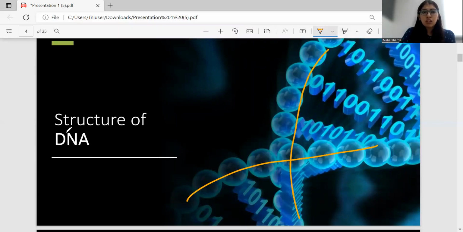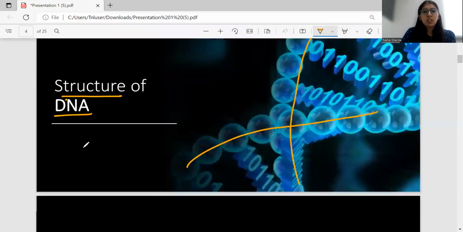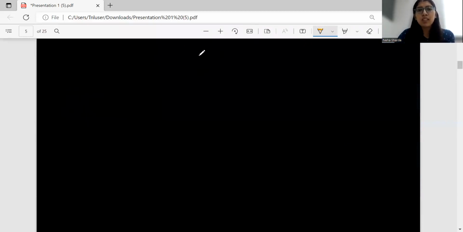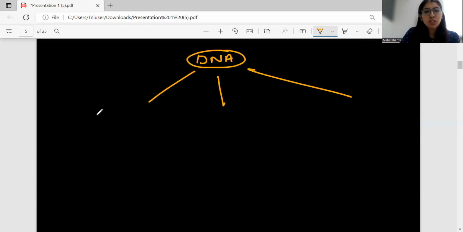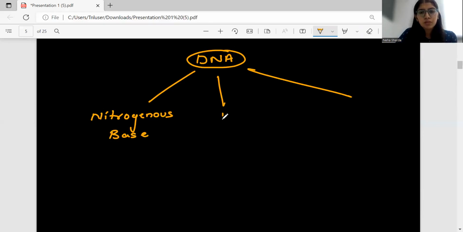DNA has three main components. DNA is made up of three components: nitrogenous base, phosphate, and pentose sugar.